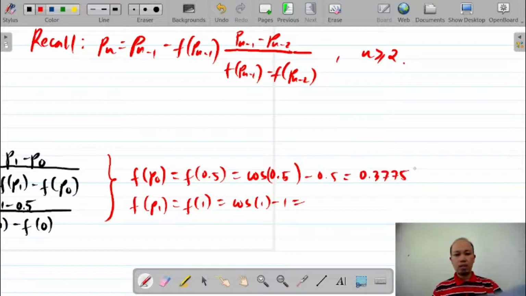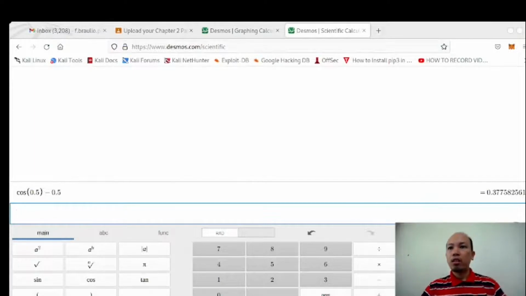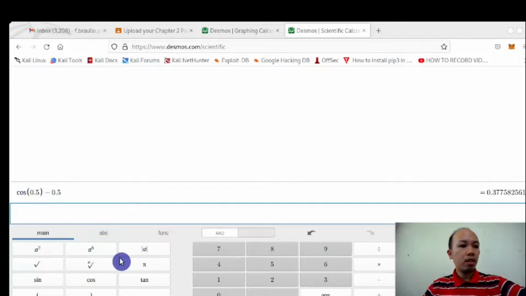Let me look at my notes: 0.3775825619. Okay, and then we have cosine of 1 minus 1.